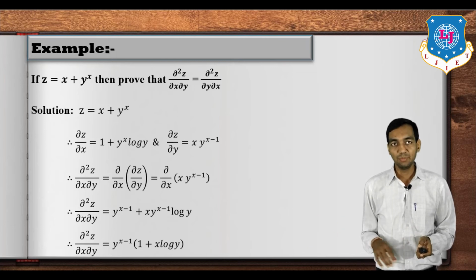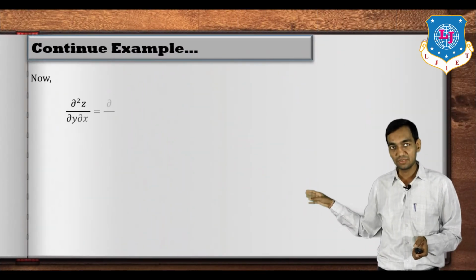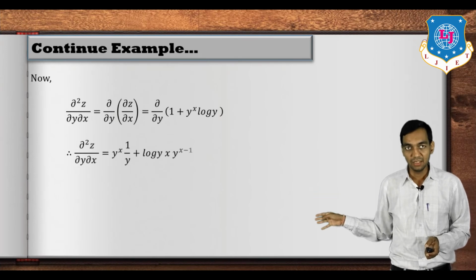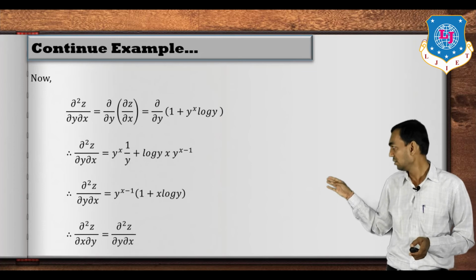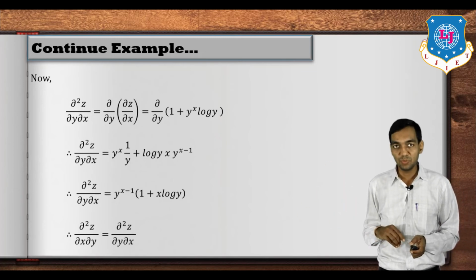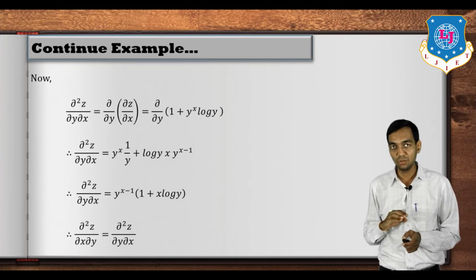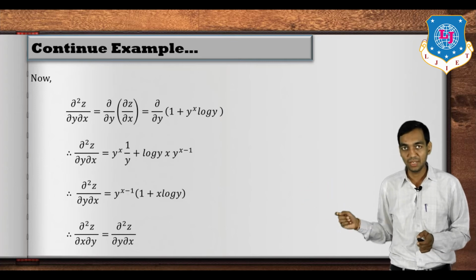Okay, in the same manner del square z by del y del x. Now del square z by del y del x means del by del y of del z by del x. Now del z by del x has the value y raised to x into log y, correct? So differentiating it with respect to y, again you have to apply the u into v form. 1 has a derivative 0, so y raised to x as it is, and log y has a derivative 1 upon y.